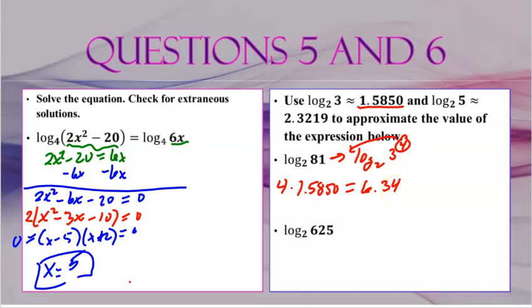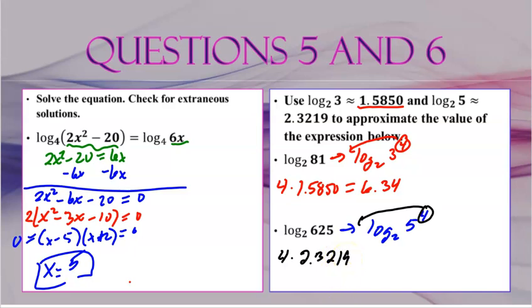Next one, we have log base 2 of 625, and I can rewrite that as log base 2 of 5 to the 4th power. And we're going to do the same thing we just did. So I can put the 4 out in front, and that would be 4 times log base 2 of 5 is 2.3219.